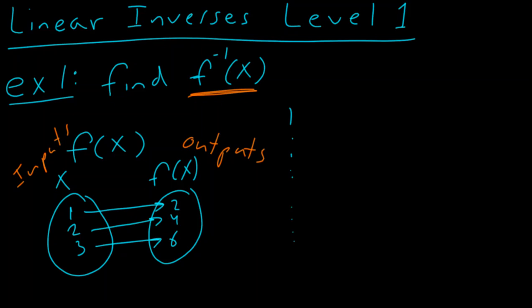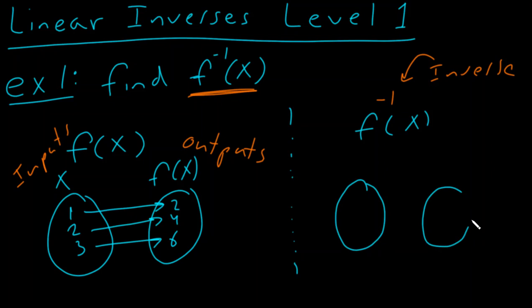However, what in the world would be f inverse of x? So notice that whenever you see this little power of -1, we call this the inverse. Okay, this stands for the inverse. Well, in this case, what we would actually write here is we take our inputs and our outputs and we actually swap them.